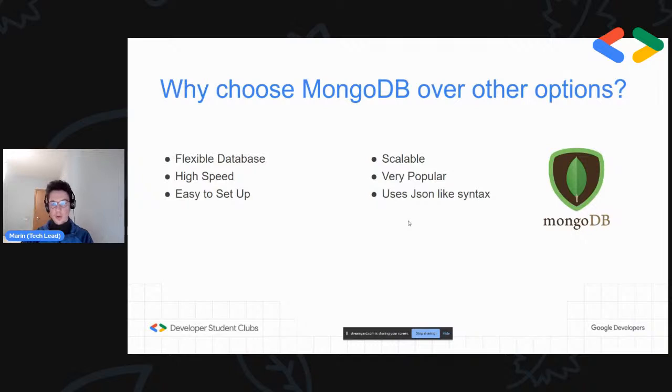It's very fast and very easy to set up, and it's very scalable, in that you can use it for small scale applications and also larger scale applications. It's also very popular, with a lot of documentation online. And as we said before, it uses a JSON-like syntax, which in combination with JavaScript is going to make our lives very easy.